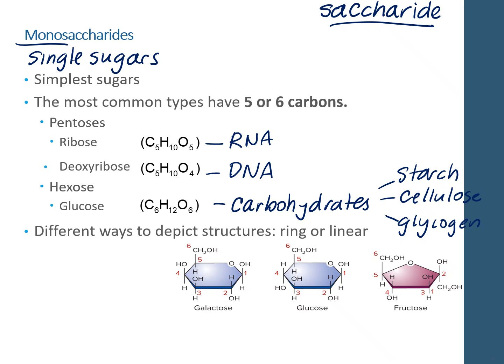Your book is generally going to draw a monosaccharide as a ring structure. There's our ring structure of glucose. Sometimes they'll be drawn as a linear molecule, which I drew on the previous slide. In your ring structure, you always have an oxygen.